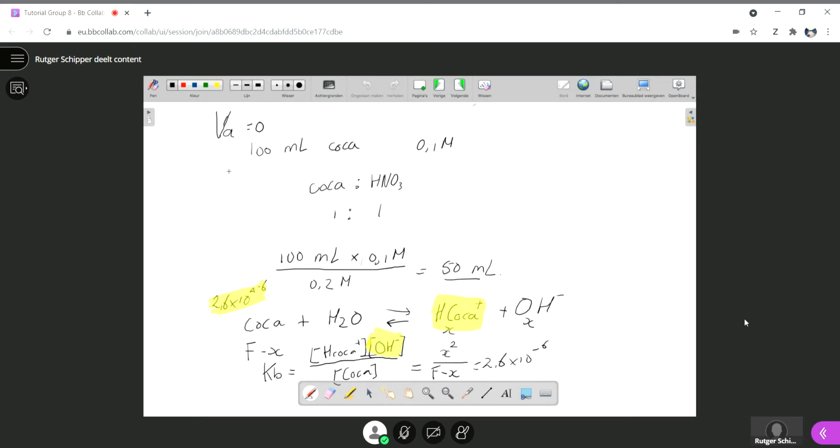Cocaine is a weak base, and the base constant of cocaine says something about how much of the cocaine dissolved in water will accept a proton from the water, which is obviously a very small amount, but nonetheless it is an amount. And with the equilibrium constant, you can find x, right?